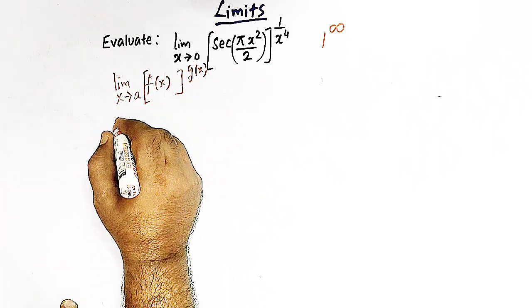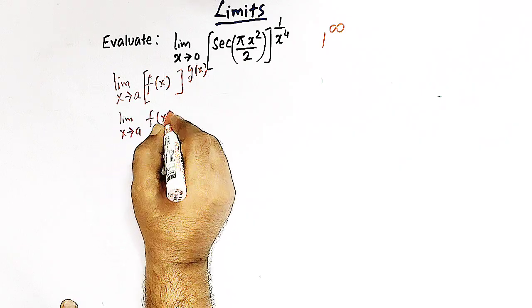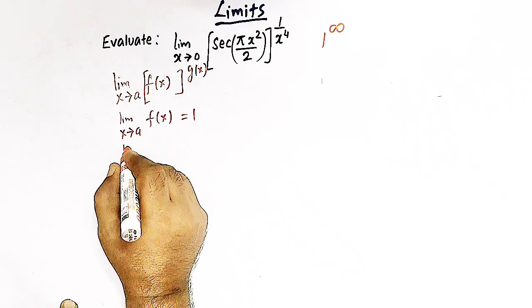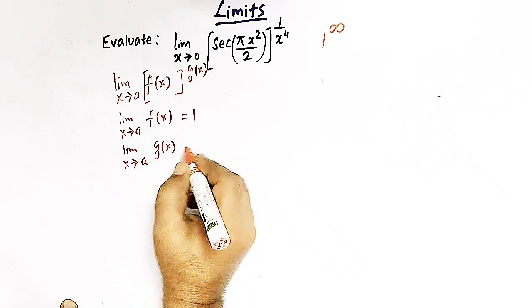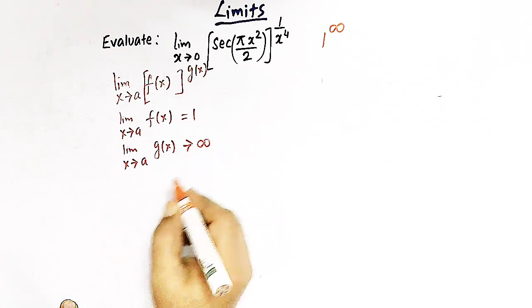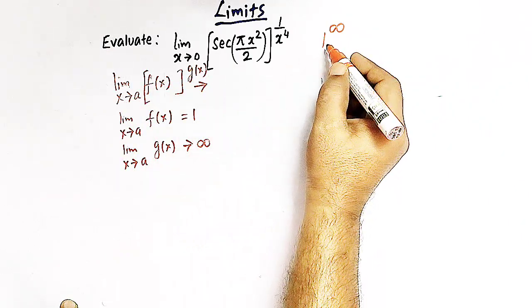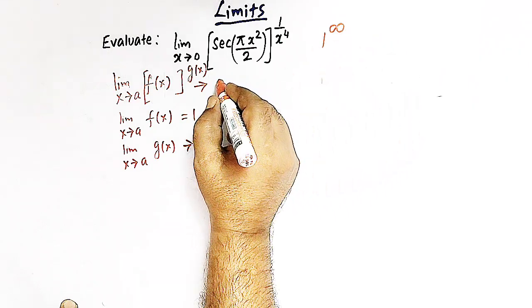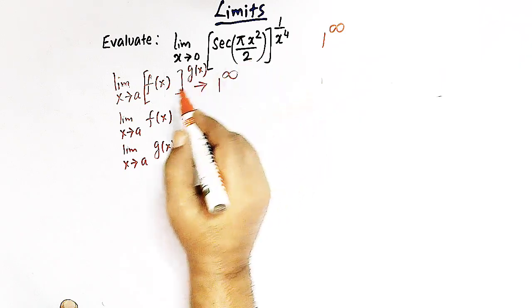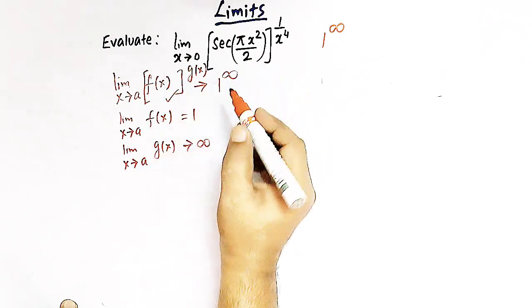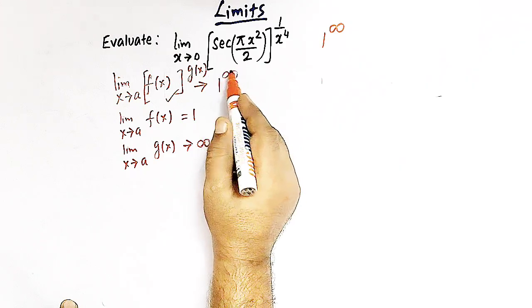If the limit x tends to a of f of x is equal to 1, and the limit x tends to a of g of x tends to infinity or is not defined, then this limit is said to attain this form, 1 raised to infinity. So this problem belongs to this type of limit, 1 raised to infinity or not defined.